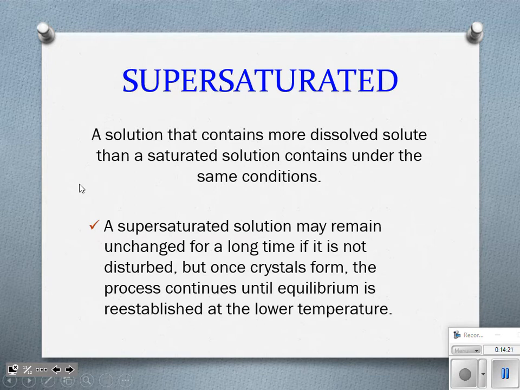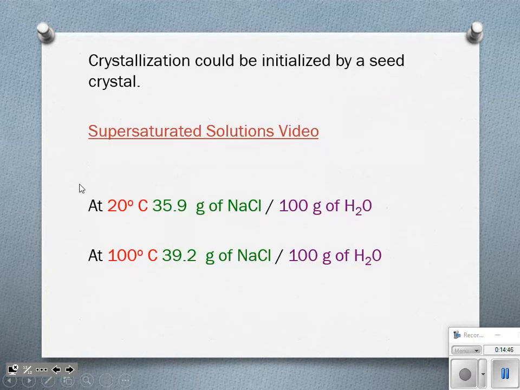I've got salt supersaturated. I could take one little crystal of salt and throw it into that supersaturated solution. That would disrupt the equilibrium that it has there, and it would cause all of the extra that I have dissolved in there to come out of that solution.